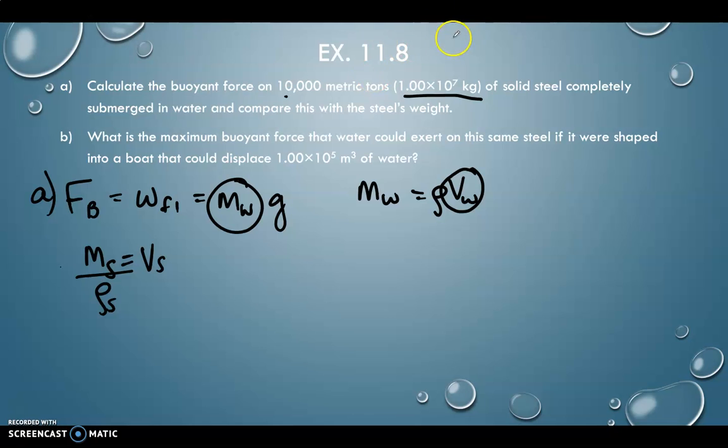Remember, density is mass over volume. This is the equation that I just keep working with and manipulating. The volume that is displaced by the steel will be the volume of the water that gets displaced. That's the idea that I'm looking for. This should also equal the volume of the water.